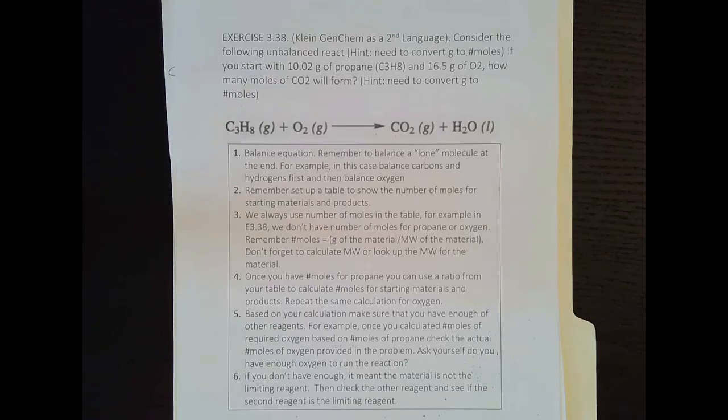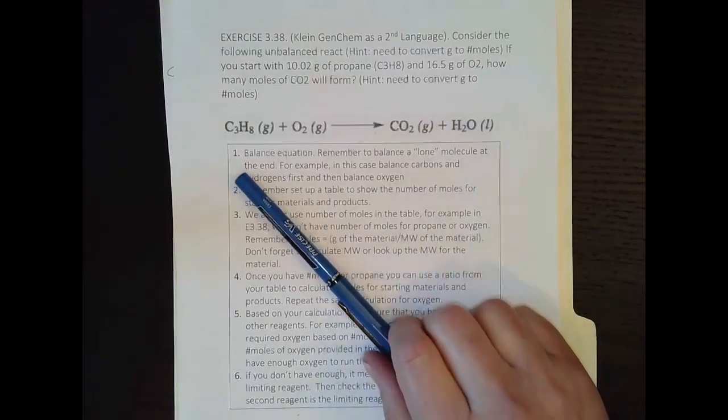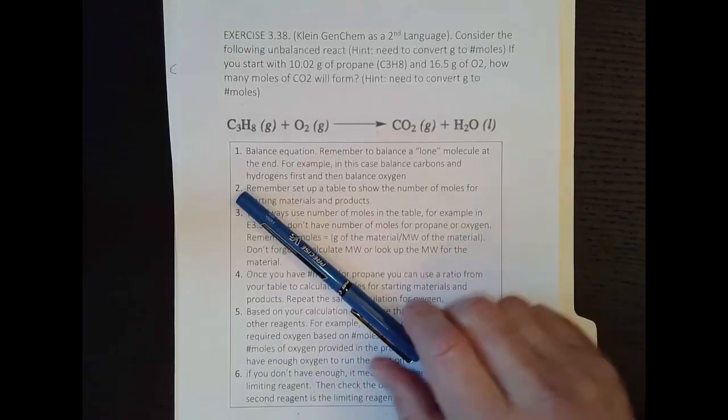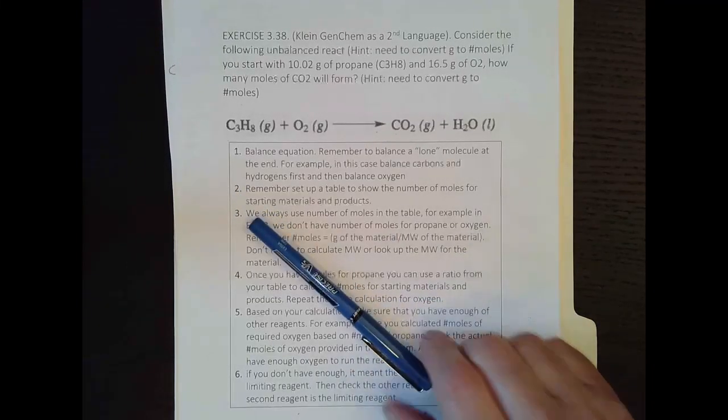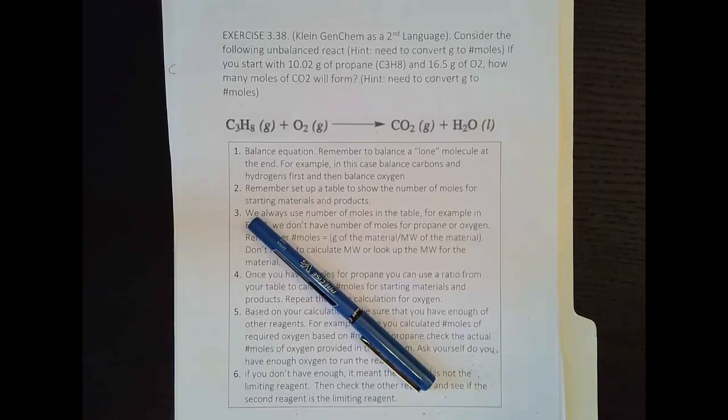So the first thing is, we have to balance the reaction. So we count the number of carbon and hydrogen. Then number 2, I wrote down, we set up the table. The table really helps us with the ratio of moles. That's always the key at the beginning, to set up the table to become comfortable.